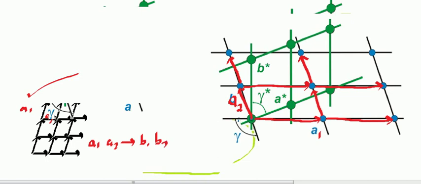Now the question is how the reciprocal crystal is going to look. Let me use blue violet. Look at this graph. This is my b1, and this part is my b2.